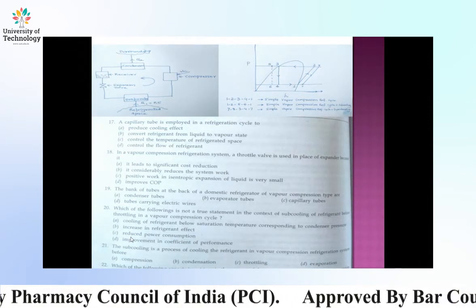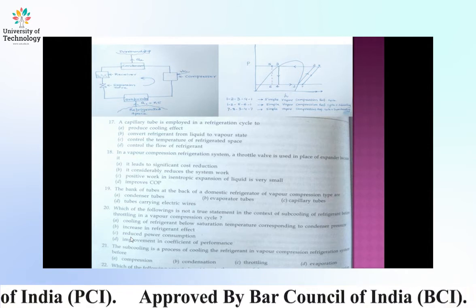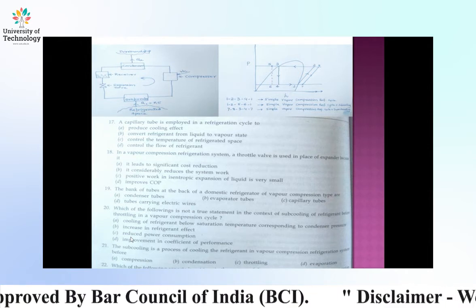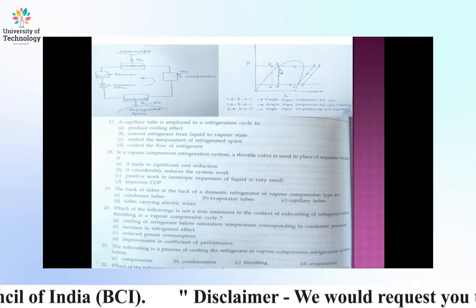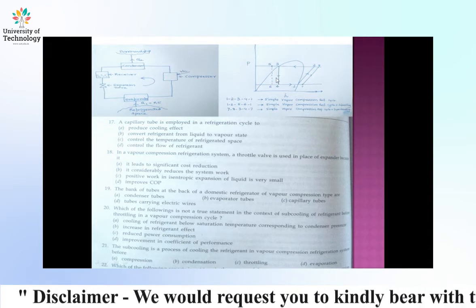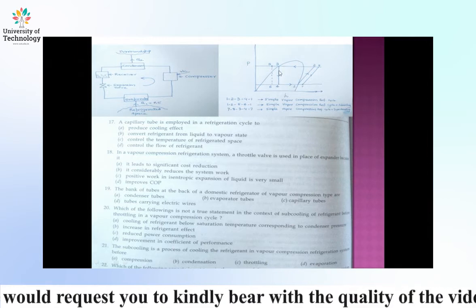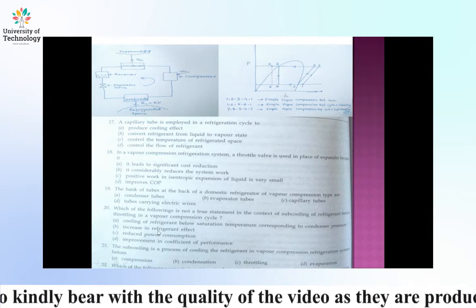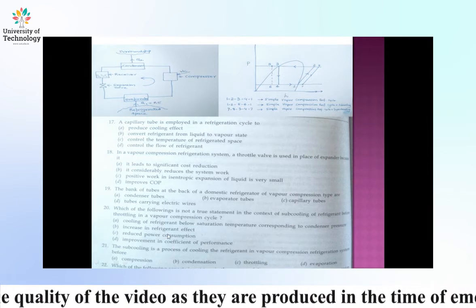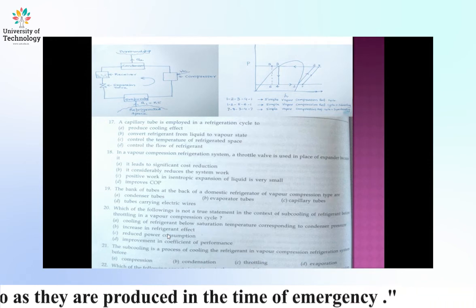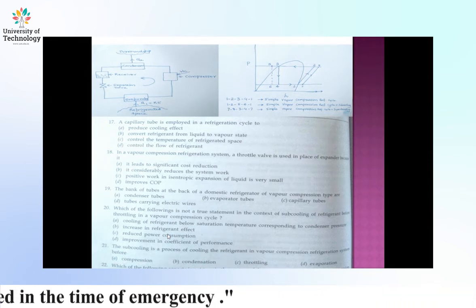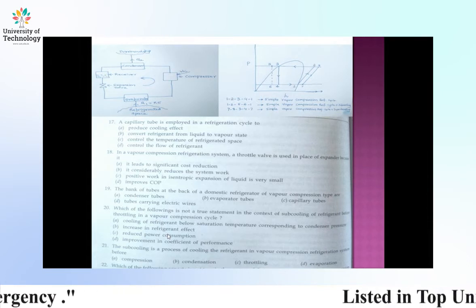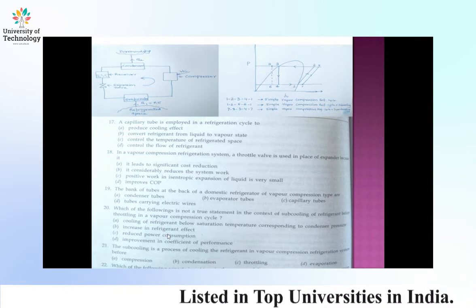Subcooling is at 3 to 5, before the 3 to 4 throttling device. Subcooling occurs before the throttling device. What are the options? Before the compression? No, incorrect. Condensation? Incorrect. Throttling? Correct. Evaporation? Incorrect. So option C is correct for this question.